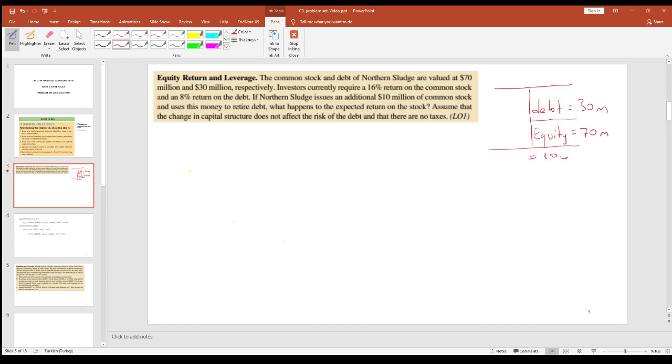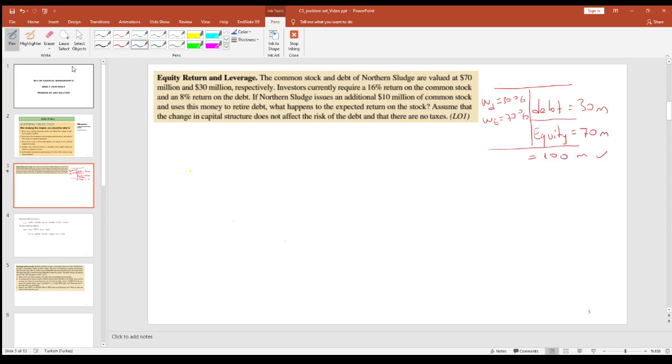From this, we know that we have 100 million as capital in this capital structure. So the first thing to remember is that the weight of debt in this case is 30% and the weight of equity is 70%.